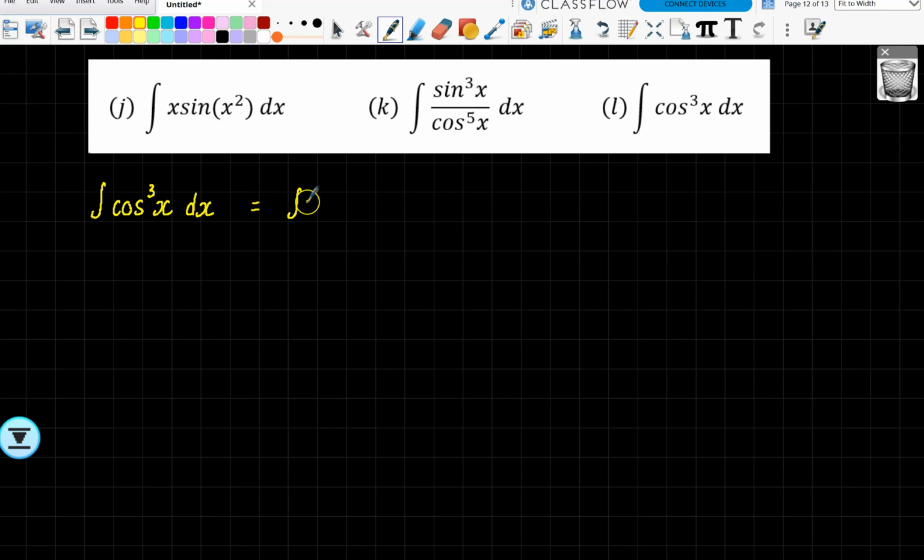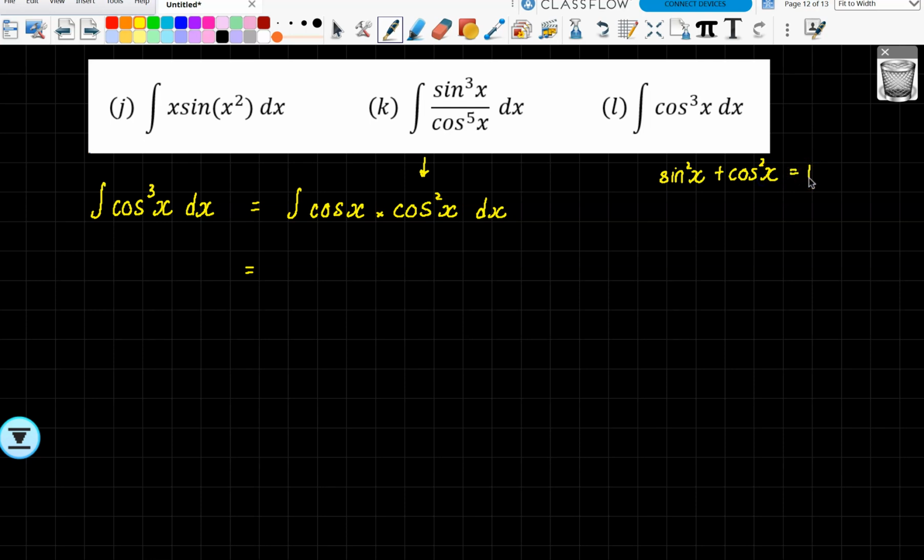We know that cos cubed would be cos x times cos squared x. And hopefully in the back of your mind, you're going, well, if I've got a cos, if I want to use my substitution rules, then I need a sine somewhere. Now, as soon as we've written cos squared x, hopefully we're all jumping up for joy, because we have our beautiful identity that sine squared x plus cos squared x equals 1.